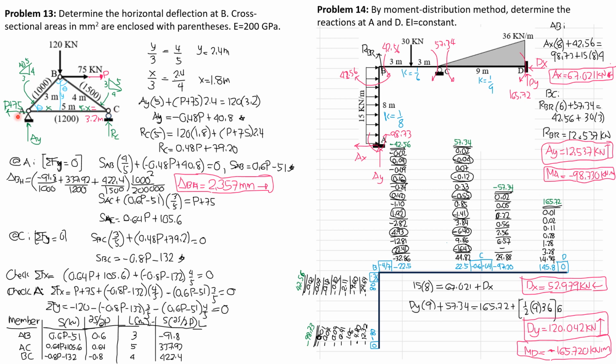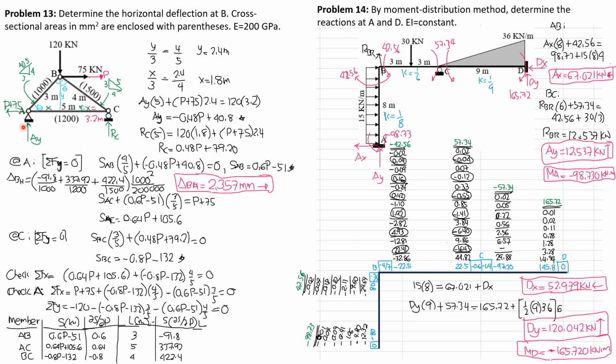So R sub C times 5 then equals 120 times 1.8 plus quantity P plus 75 times y, which is 2.4. So R sub C is 0.48P plus 79.20.